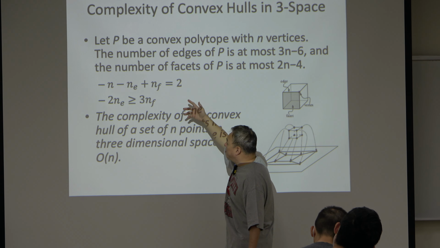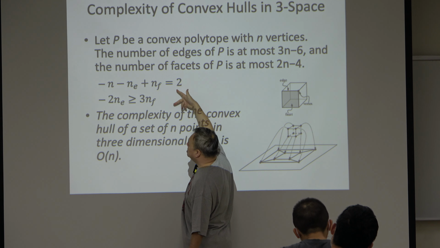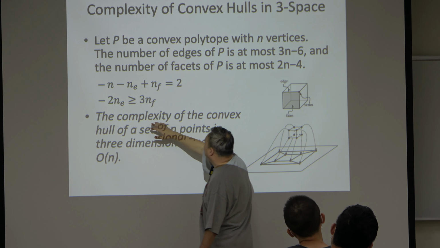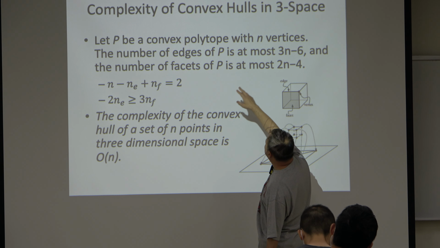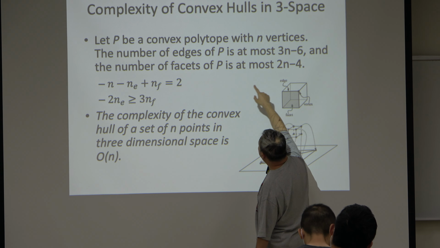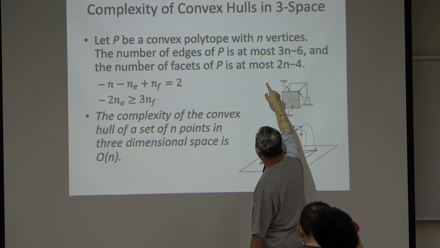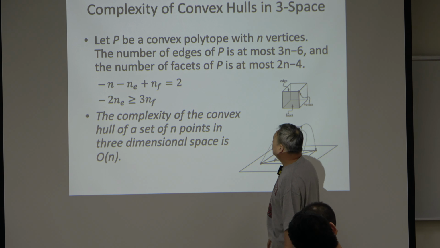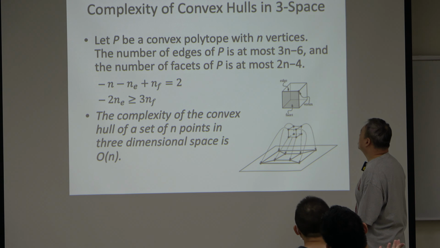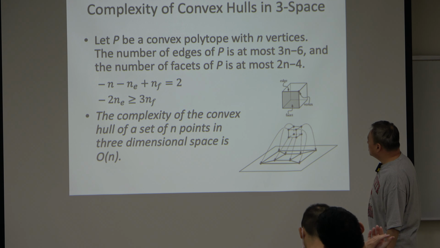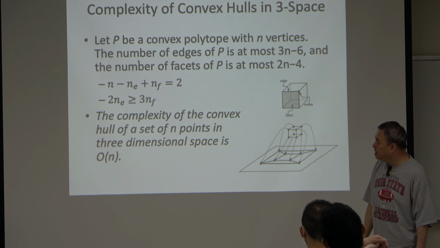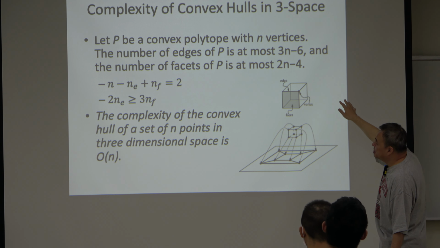Based on these two formulas, given n vertices, the number of edges of P, where P is a polytope, is at most 3n minus 6, and the number of faces of P is at most 2n minus 4, I'm sorry.